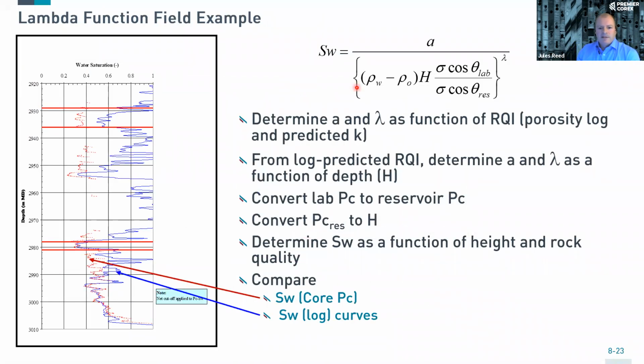So the process: determine your A and lambda, convert your lab to reservoir PC, convert the PC to a height, determine saturation for that height, and then compare your log versus core data.